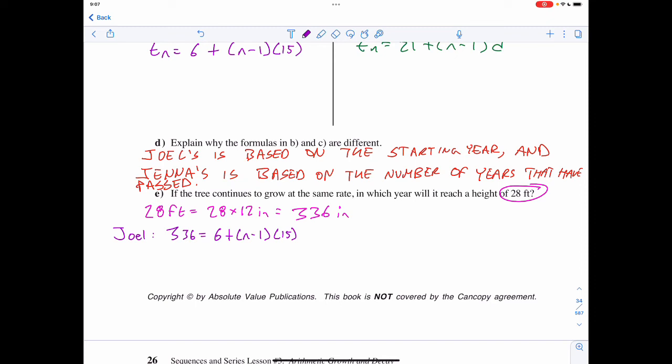which means that 330 is equal to n minus 1 times 15. I divide both sides by 15, and 22 is equal to n minus 1, and 23 is going to equal n.